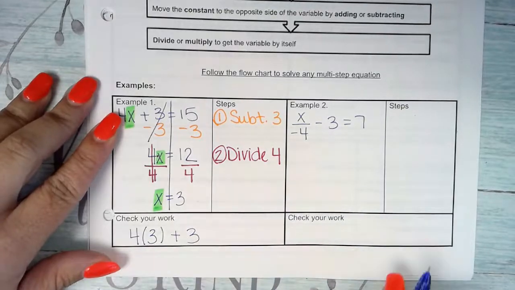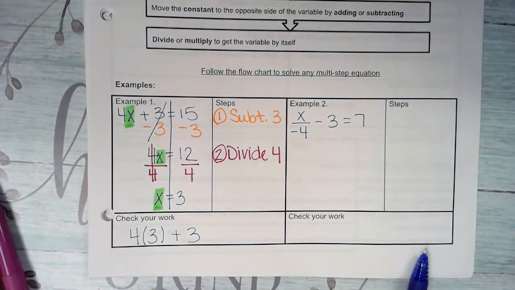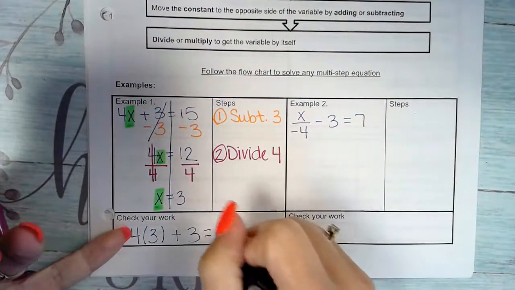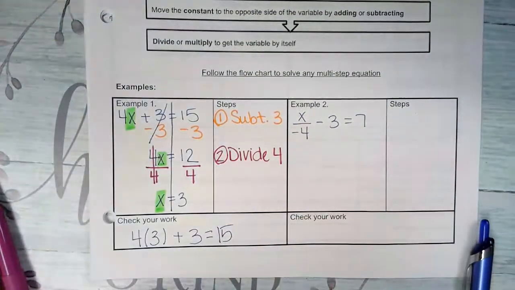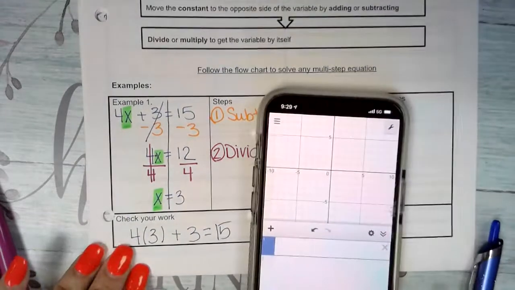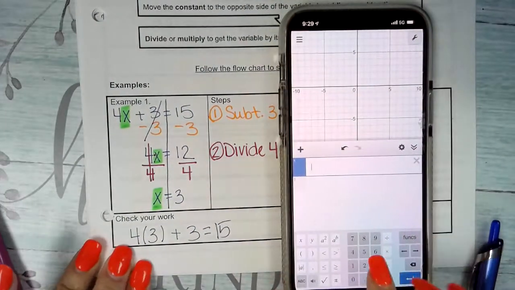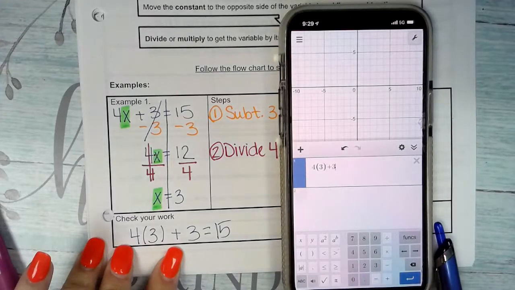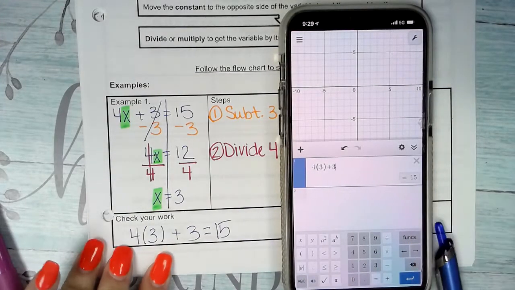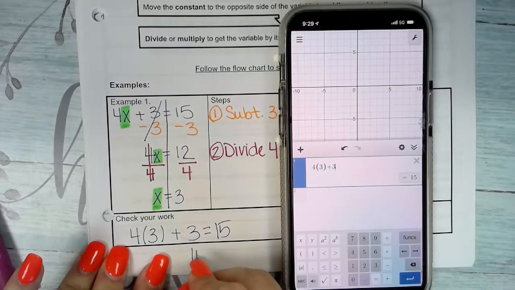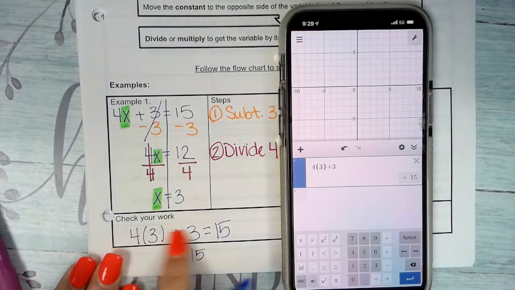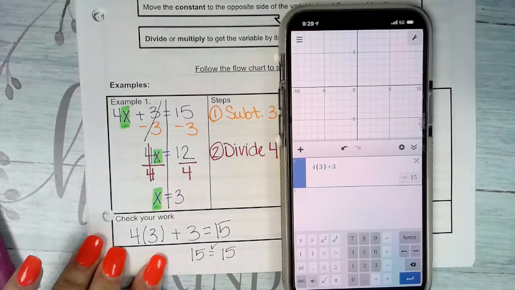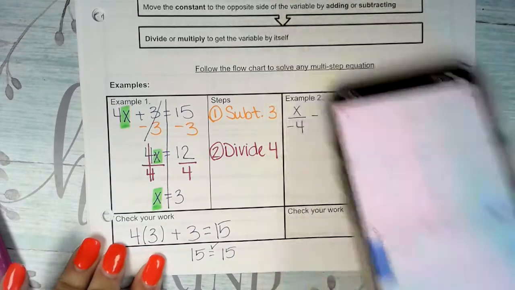Now, when I plug that in, I'm going to use Desmos and see if it's equal to 15, because that's what it is supposed to be equal to. So as I type that in, you can see my Desmos here, 4 parenthesis 3, close my parenthesis, plus 3. And you can see here that it is equal to 15. And the way we can show that is if we're working down, this stuff is equal to 15. We bring down our 15, and that is equal, so I put a check mark because I did check it.